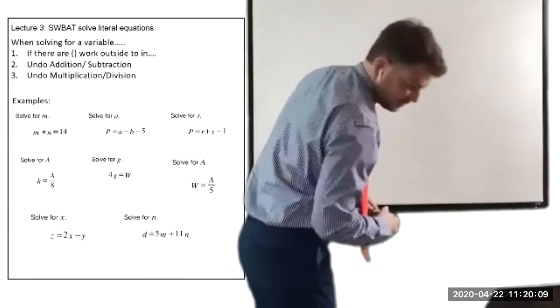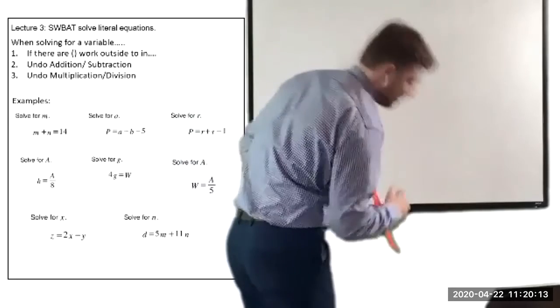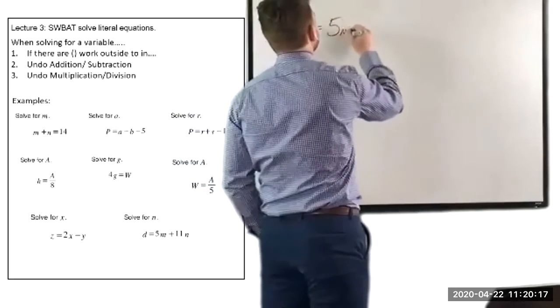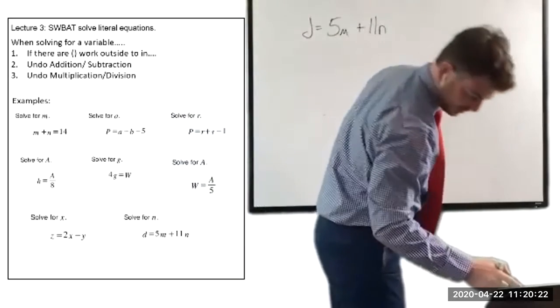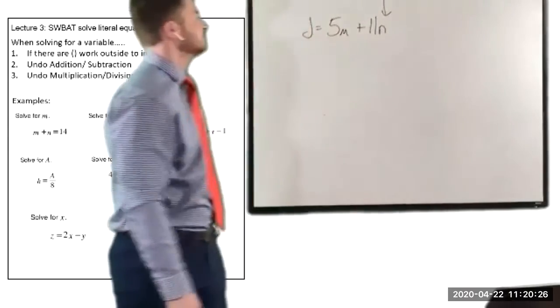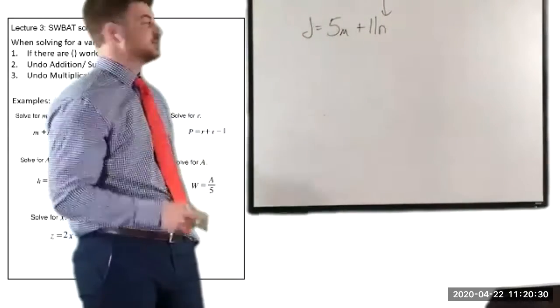All right, so the last one we've got here is D equals 5m plus 11n, and it wants you to solve for this n. Like I said, start with addition and subtraction.